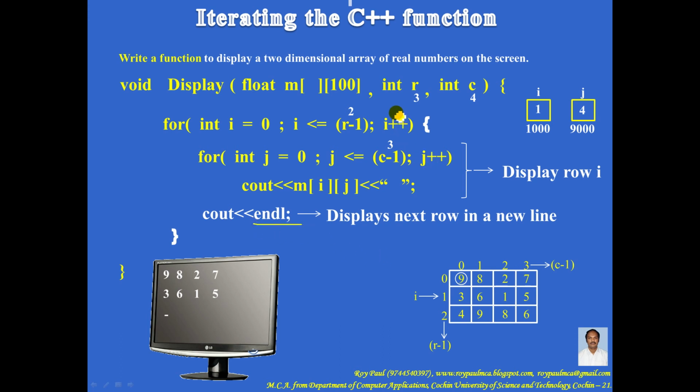Again after this, control comes here, I is incremented, 1 plus plus, I becomes 2, so this I becomes 2. After this, condition check 2 less than or equal to 2, yes it is correct, it comes inside. Now no need to execute this because we understood the meaning of this one. It displays row I. This time I is 2, so row 2 will be displayed, this one. 4986, and because of this endl, the cursor will go to the next line.